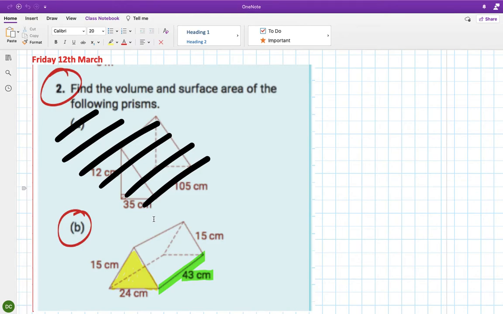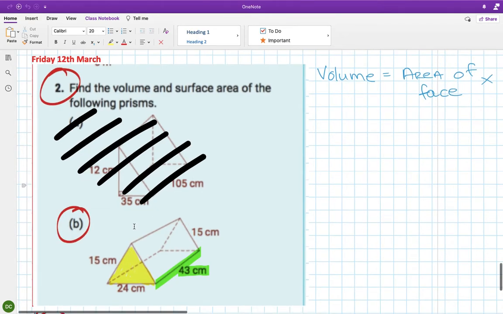So to get the volume, as I said, we do area of face multiplied by the depth of the shape.